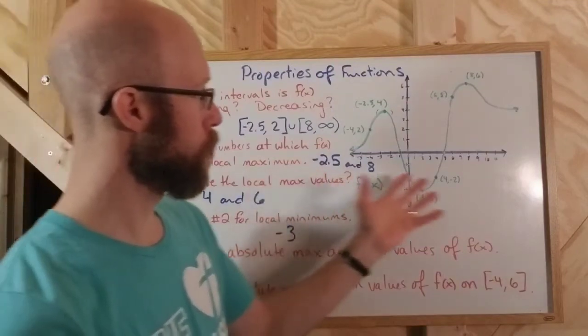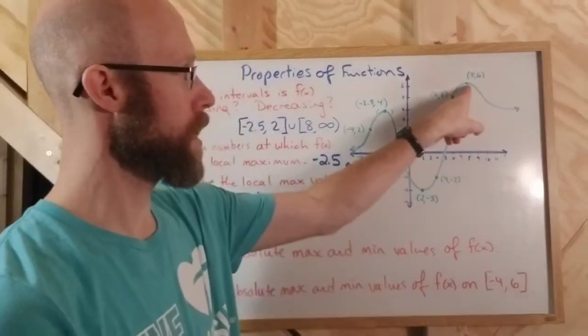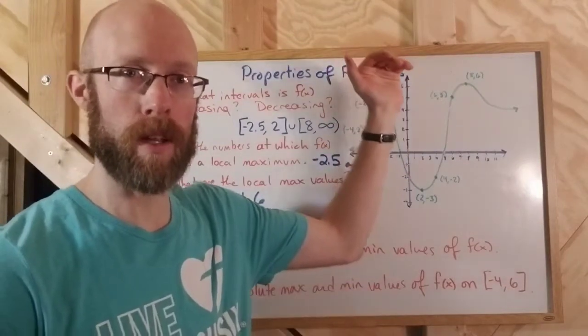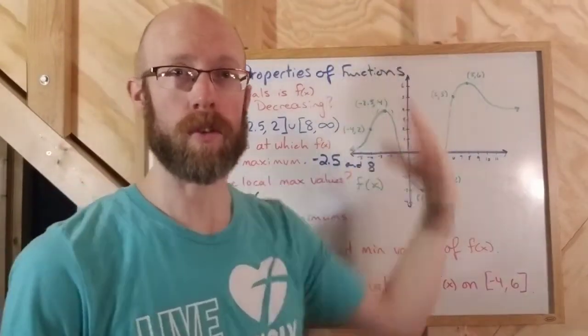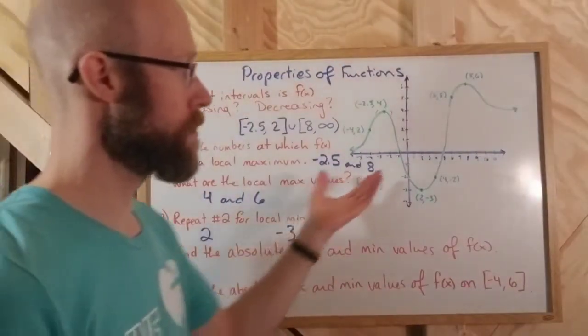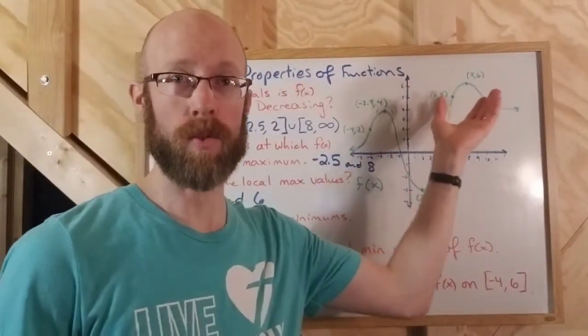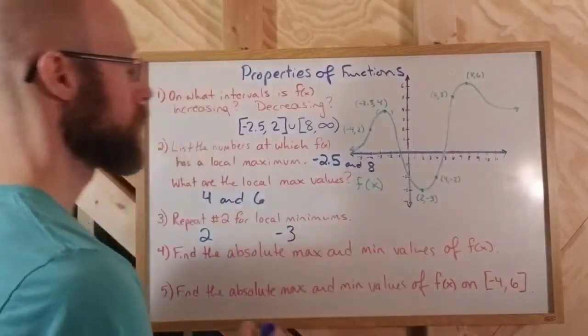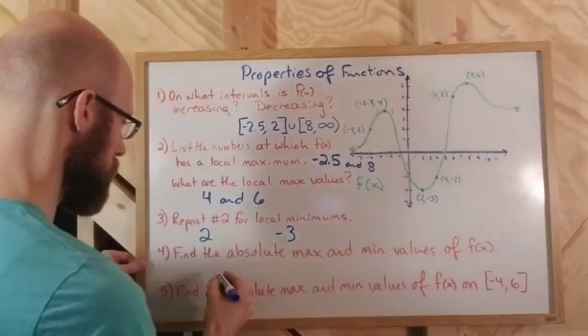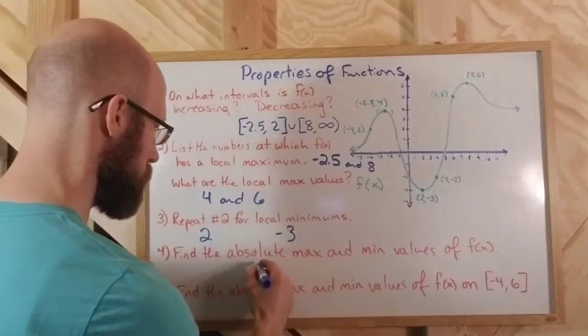Well, the highest point on this graph is pretty obviously 8 comma 6, right? It's the highest point at which no other point goes beyond that. We would say that it's the highest or greatest value in the range, or the point at which that occurs. And so here, 8 comma 6 is going to be my absolute max.